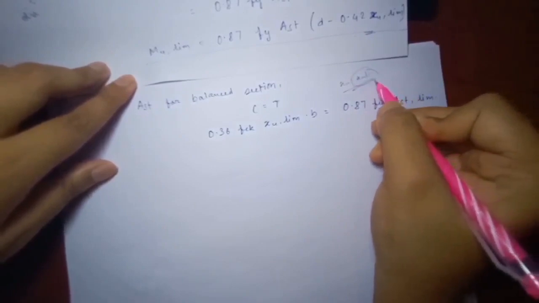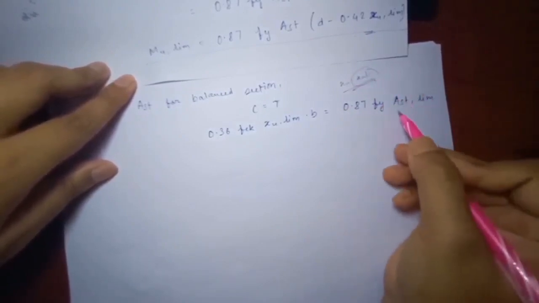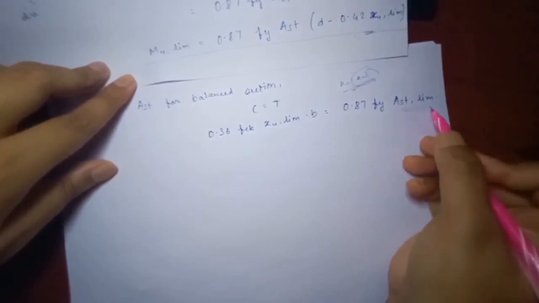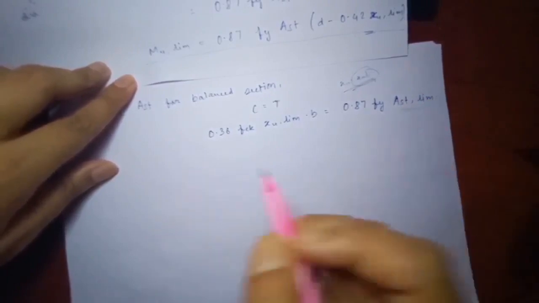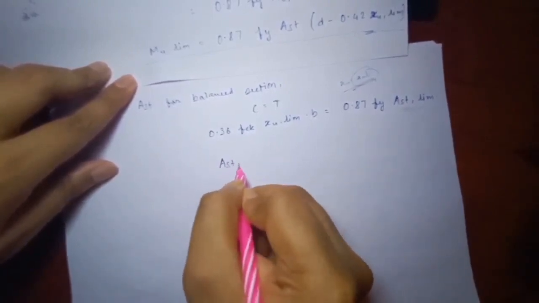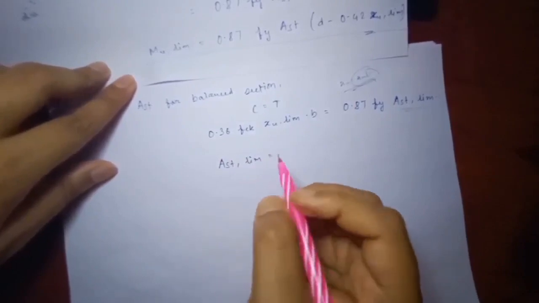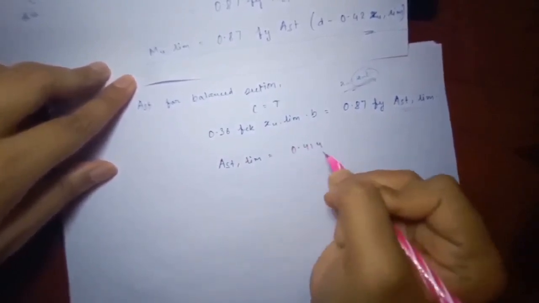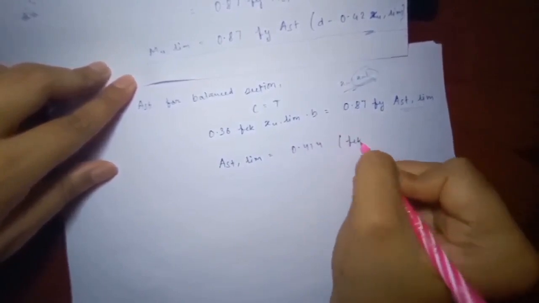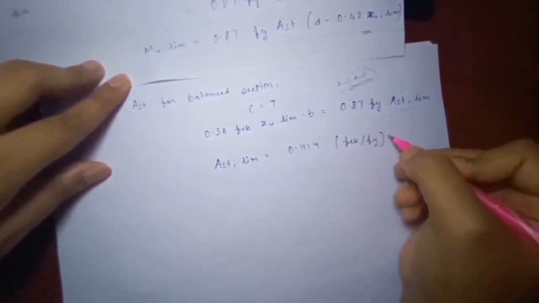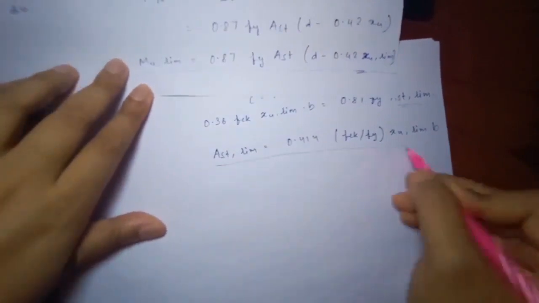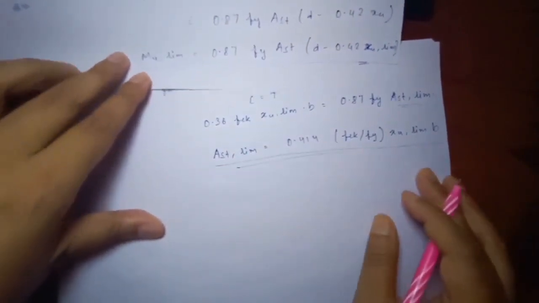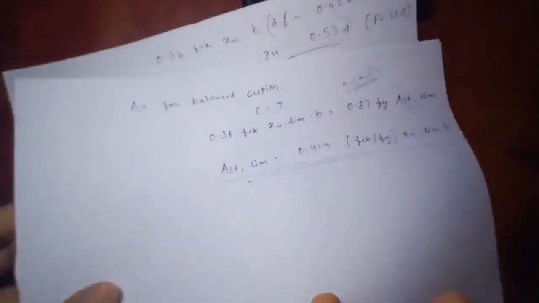XU limit is our last stage. So I will not provide more AST than required, and therefore I will write AST limit, and so AST limit will be equal to 0.414 FCK upon Fy multiplied by XU limit multiplied by B. So this is the formula for AST limit. One can note this down.